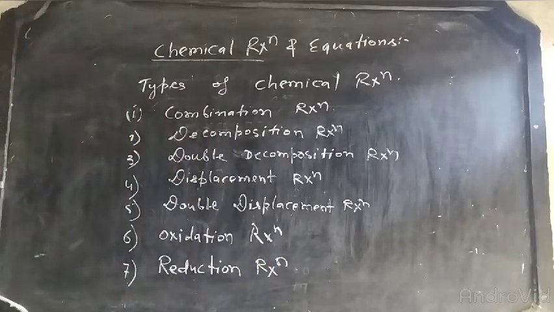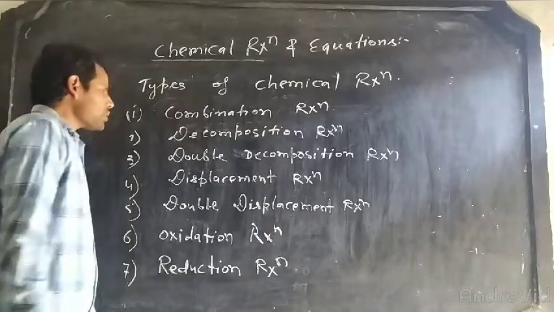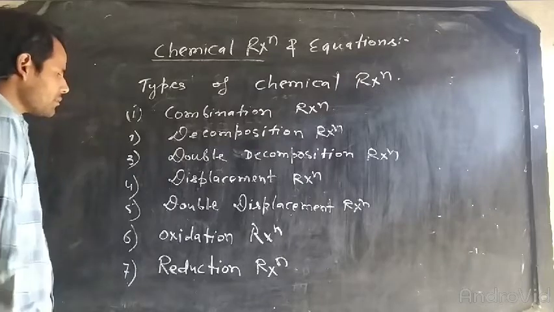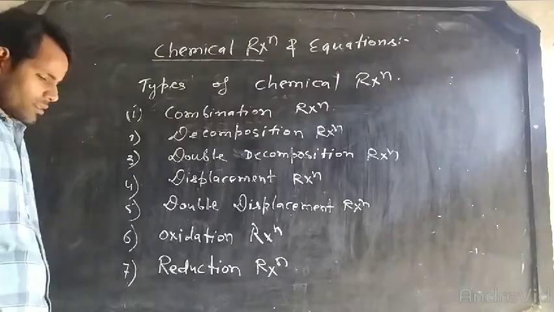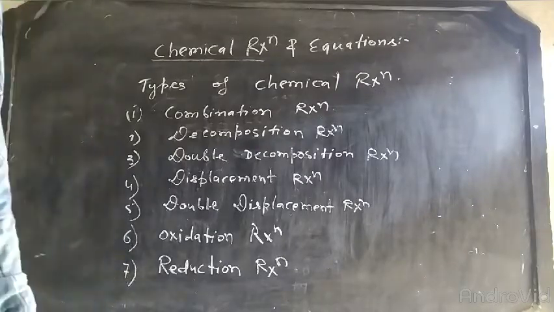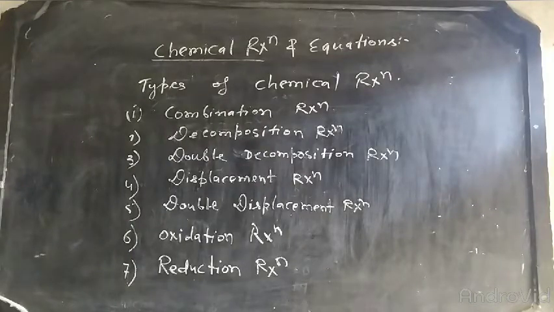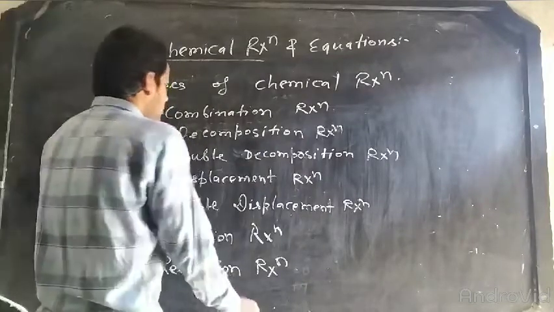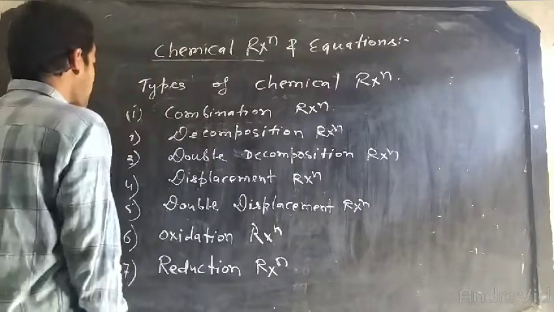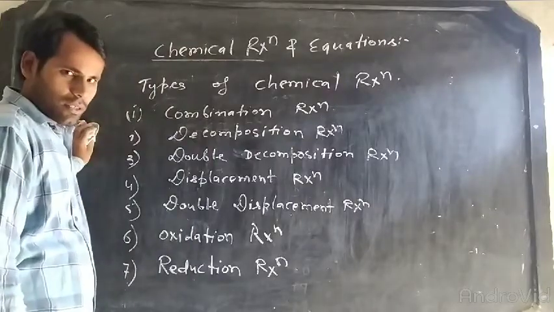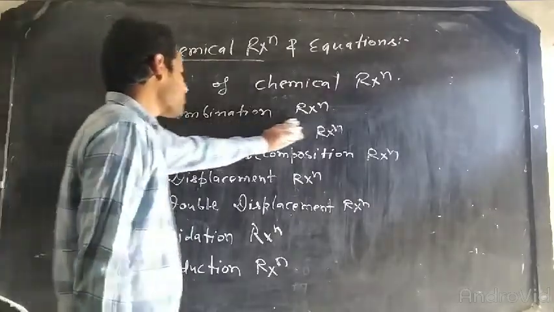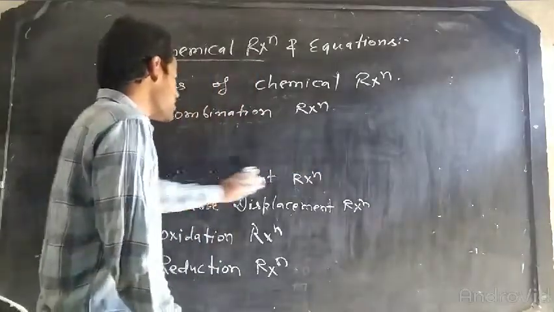So there are 7 types of chemical reactions, and we go to the first one, the combination reaction. If two elements combine to form a compound, it is called a combination reaction. What is a combination reaction?